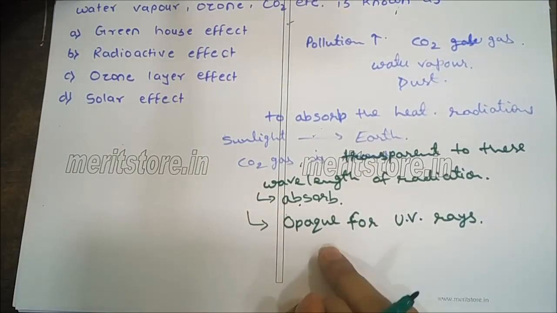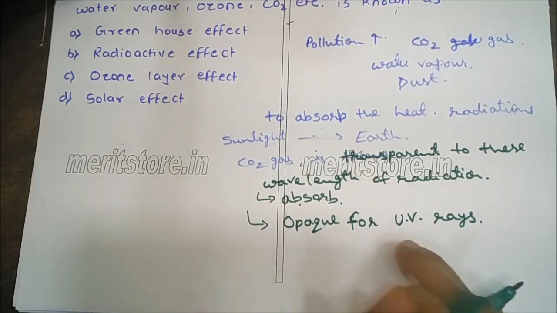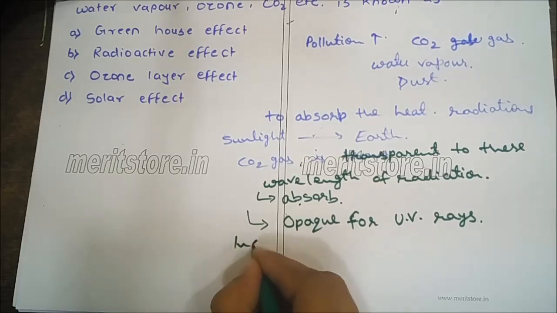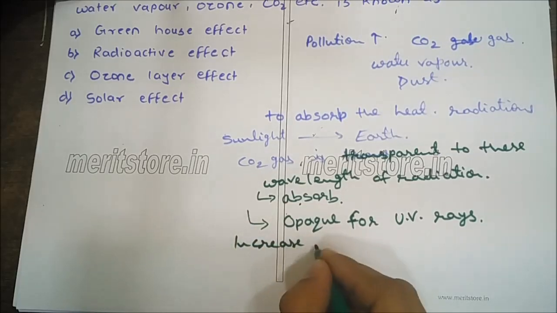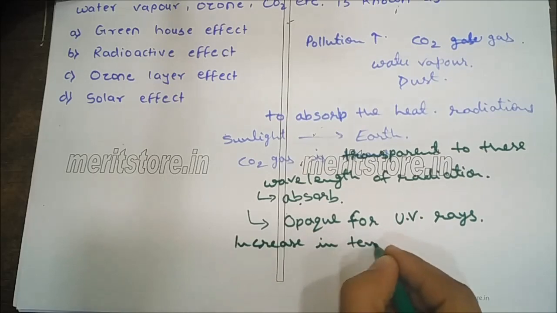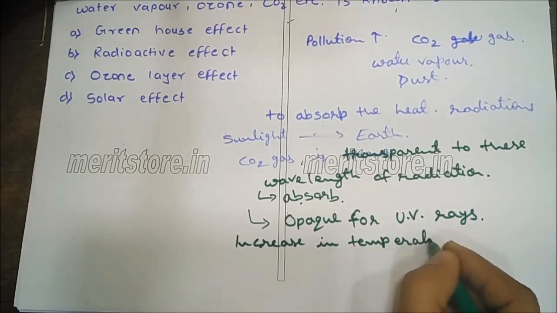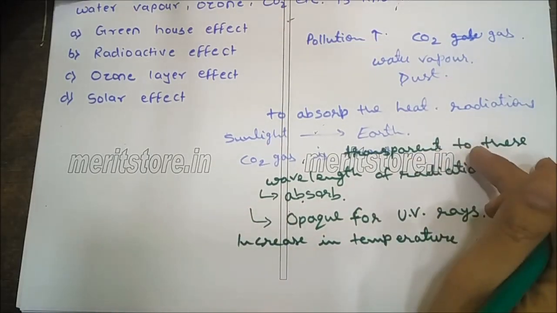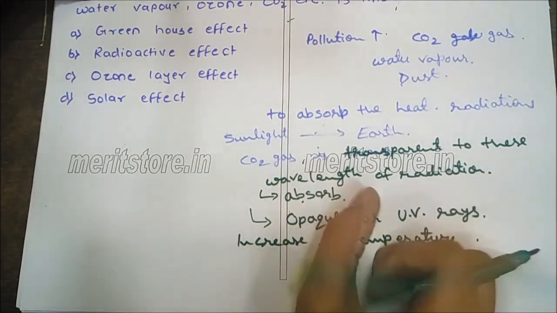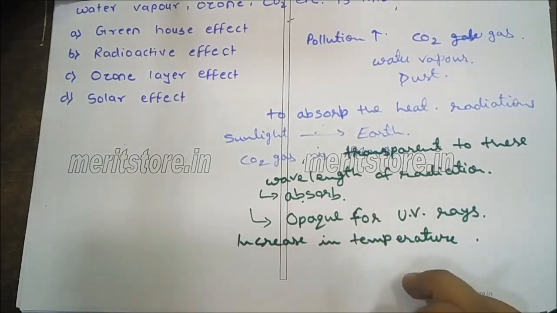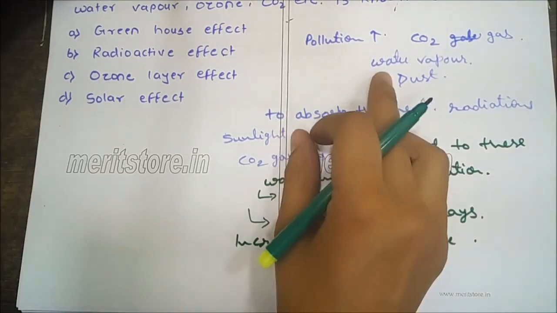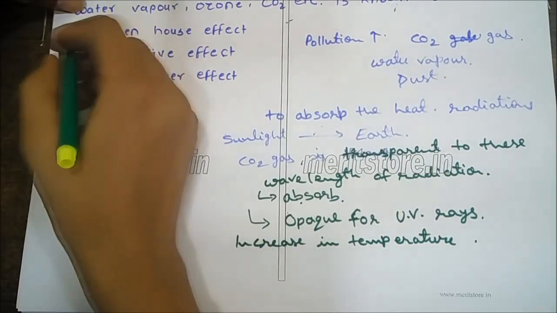The carbon dioxide gas will not re-radiate these rays, and hence it will increase in temperature. So carbon dioxide gas has the capacity to absorb the heat radiation, thus increasing in temperature. And this increase in temperature mainly due to carbon dioxide gas is called greenhouse effect, that is A.